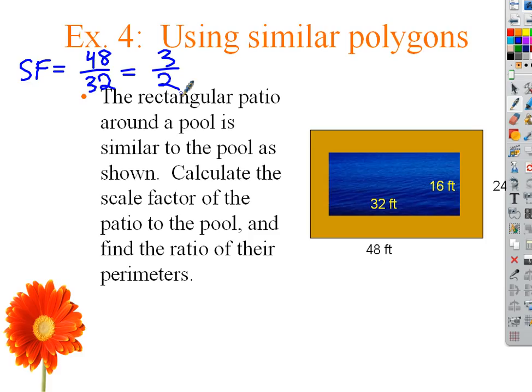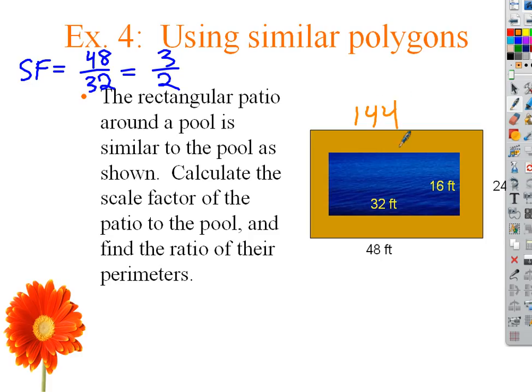Okay, let's see. What is going to be the perimeter of the patio if it looks like it's 24 feet by 48 feet? So 2 times 48 is 96, plus 2 times 24 is 48. 96 and 48 is what? Not quite. 144?